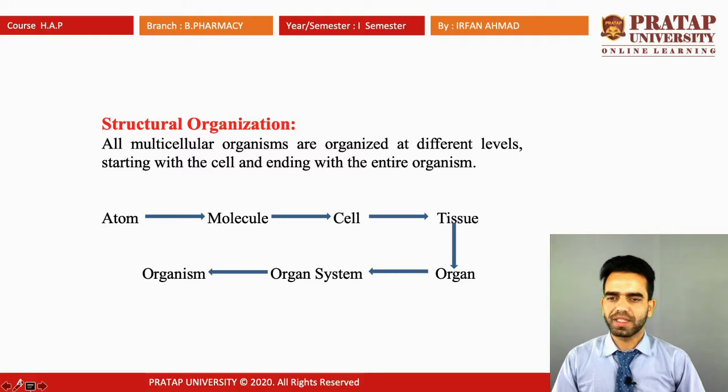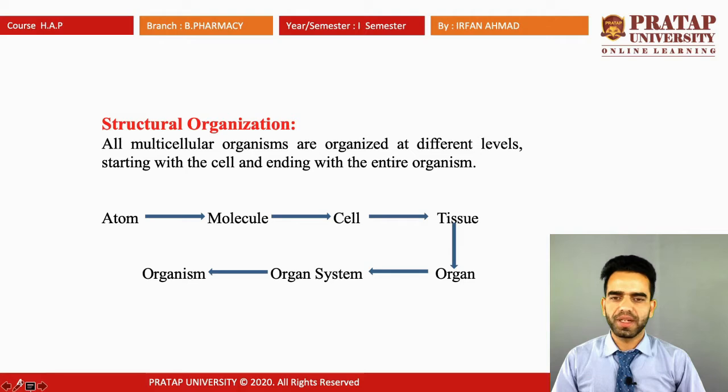For example, in non-living things, the atom is the basic unit, then the molecule. In living things, the cell is the basic unit of living organisms. When various cells combine, they form a tissue. When various tissues combine, they form an organ. When various organs combine together, they form an organ system. And when organ systems combine together, they form an organism.